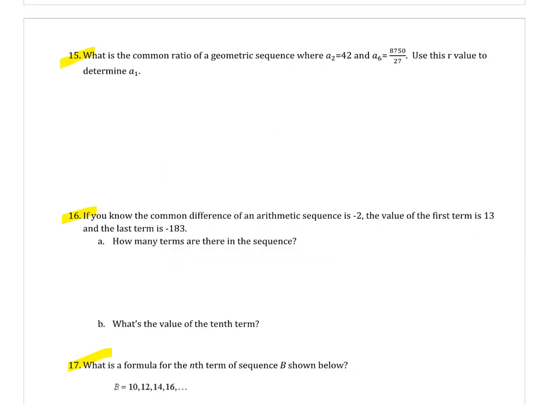All right, next, number 15. What is the common ratio of a geometric sequence where a sub 2 is 42 and a sub 6 is 8750 divided by 27? All right, let's map it out. In a geometric sequence, you are multiplying by r each time. So, this next slot would be 42r.